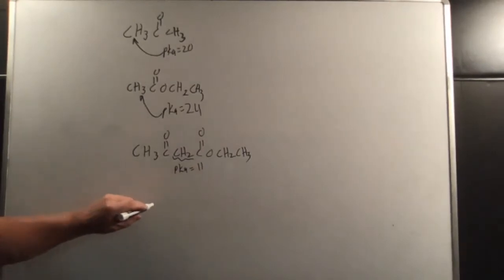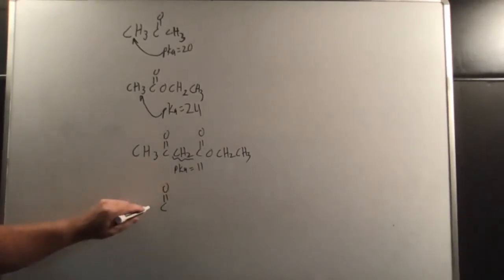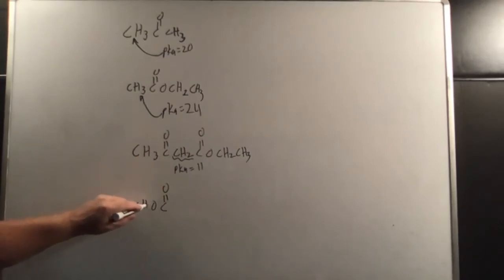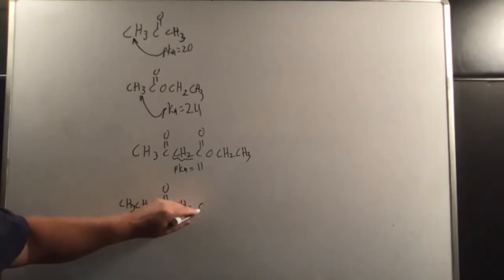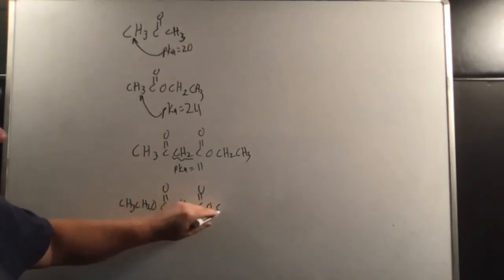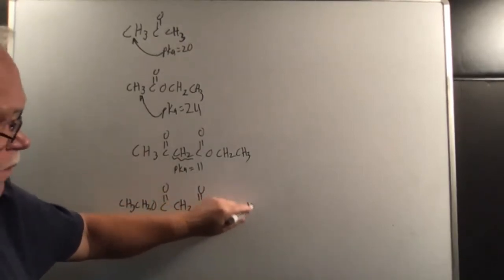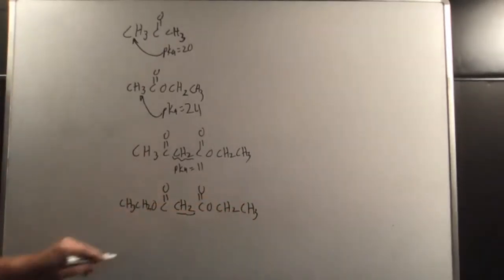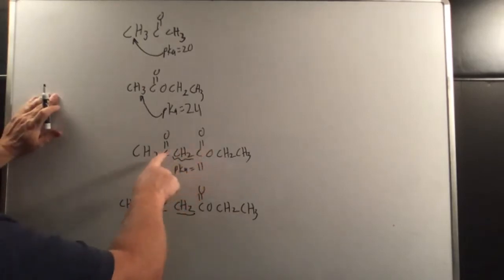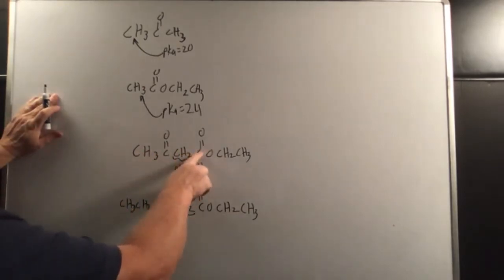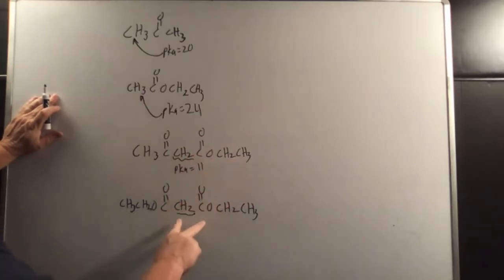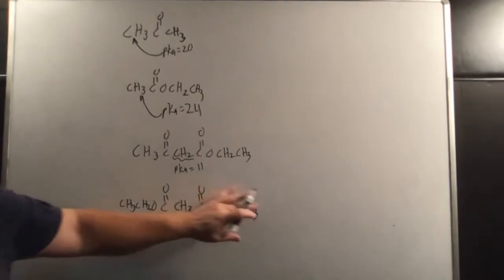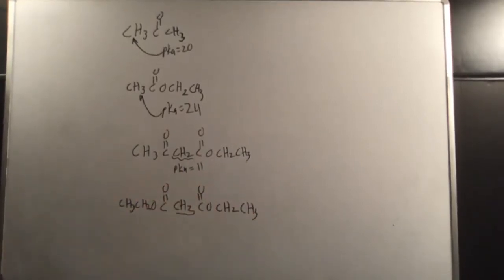Now, if we look at the next compound, notice what's different about it. These are still alpha to two carbonyls. But notice up here, one of the carbonyls was a ketone and one of the carbonyls was an ester. In this compound, both of these groups on the two ends are ester groups.